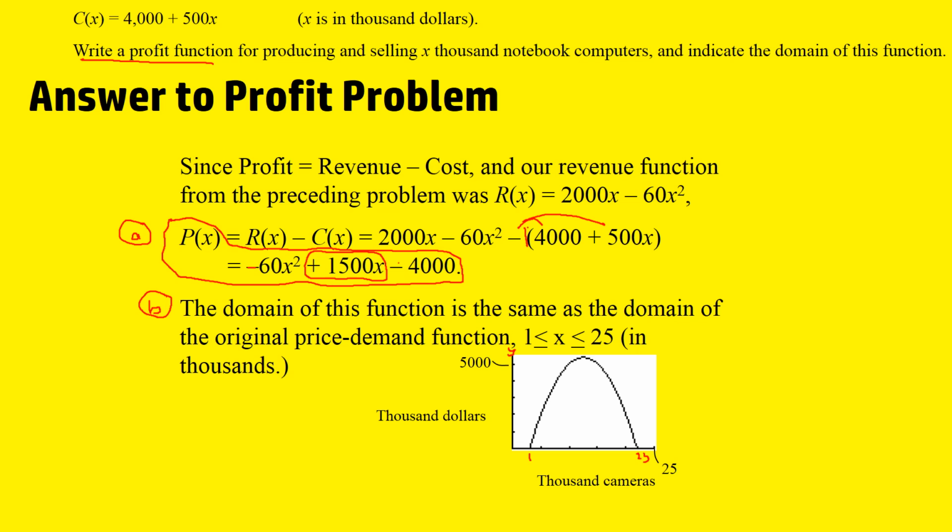It goes up past 5,000, it looks like. So we get a graph, but we're just kind of interested in the domain, which goes from 1 to 25.